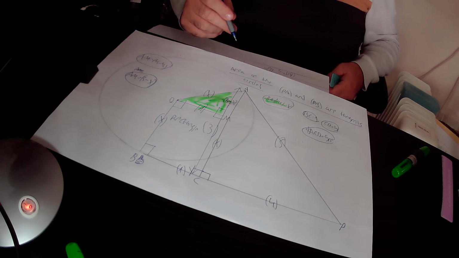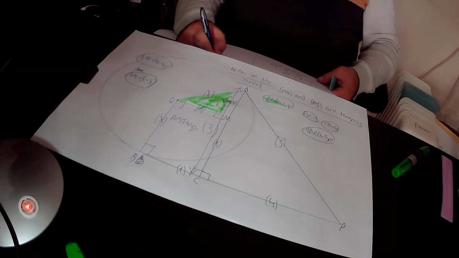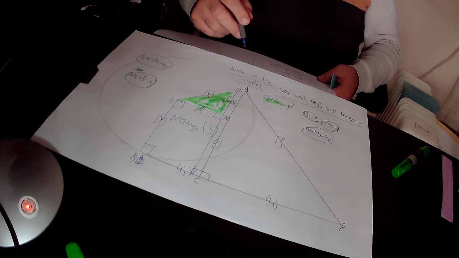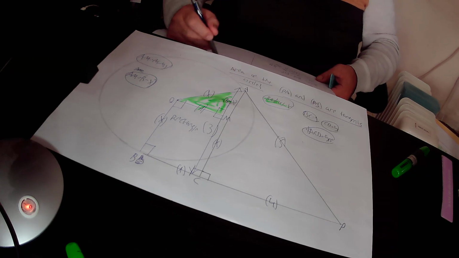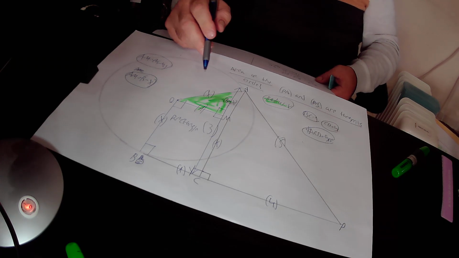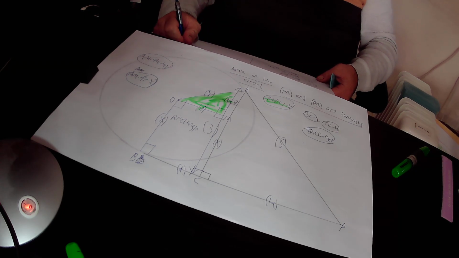AO equals X, and therefore AO squared equals X squared, and it equals AM squared plus OM squared. AM is 3 minus X, and therefore AM squared is (3 minus X) squared. OM is 1, therefore OM squared is 1 squared, this is 1.